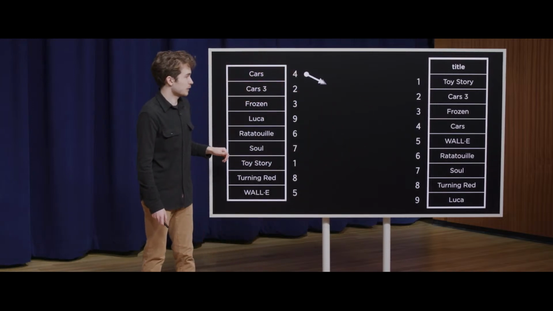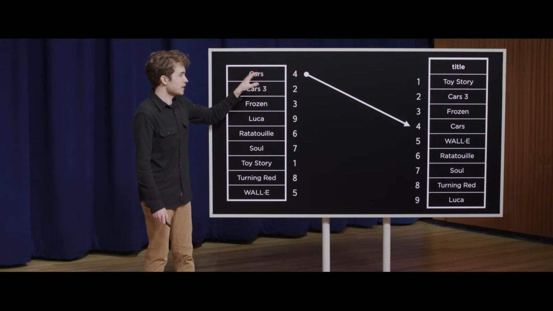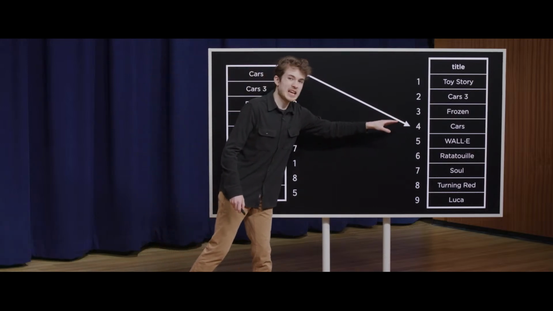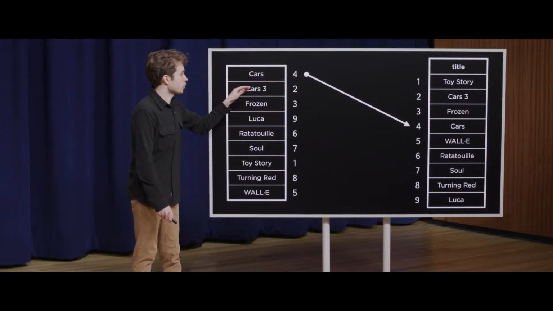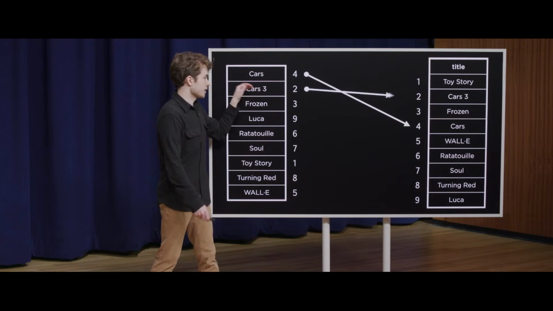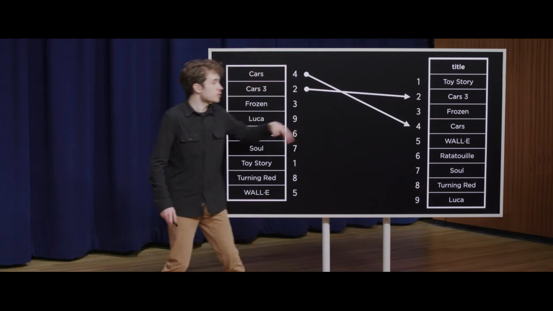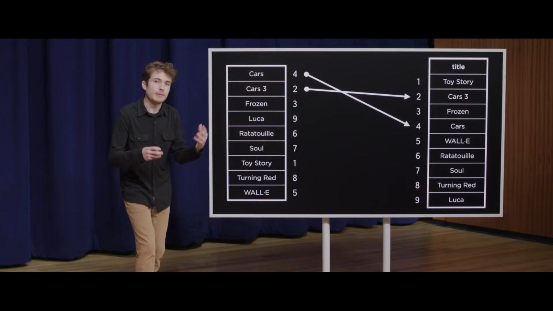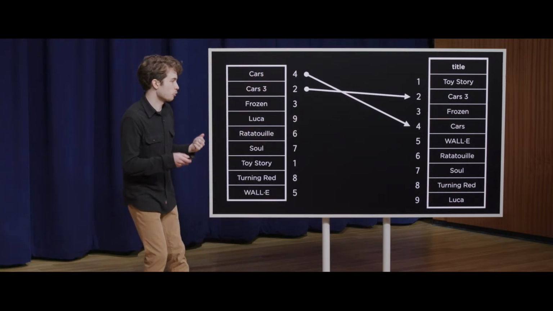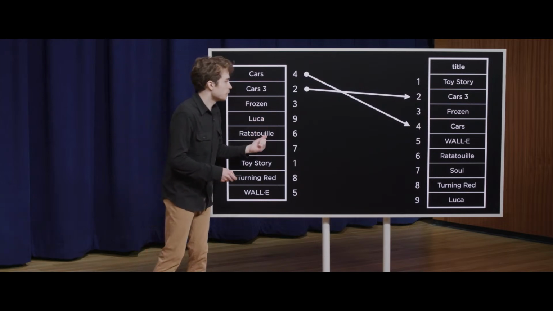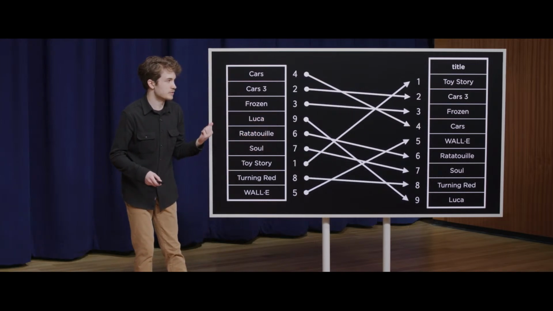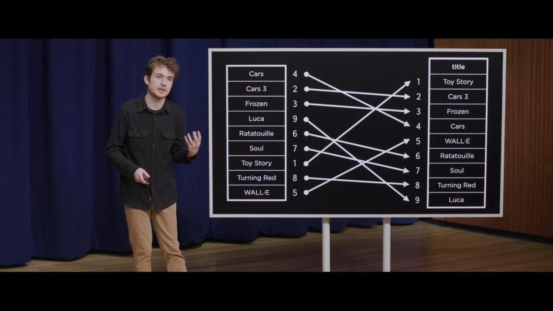I could draw one going from Cars in my index to actually Cars in my table. I could draw one for Cars 3, going from this index place here to row 2 in my title column. So that is the way I can link my index with my table data. I could do the rest of these too for all of my other pieces of data in my index.